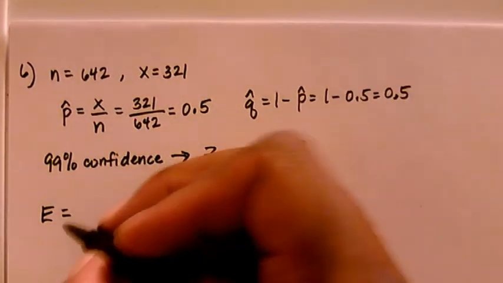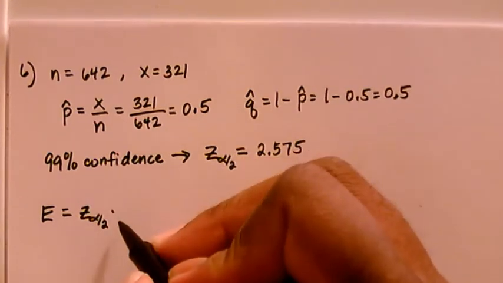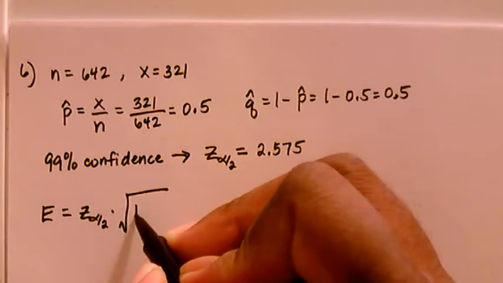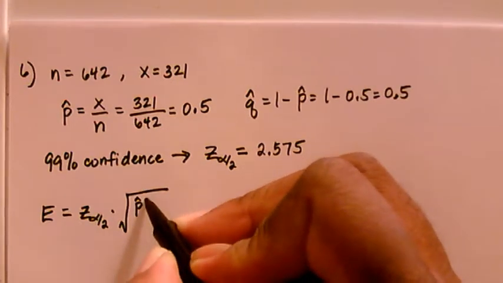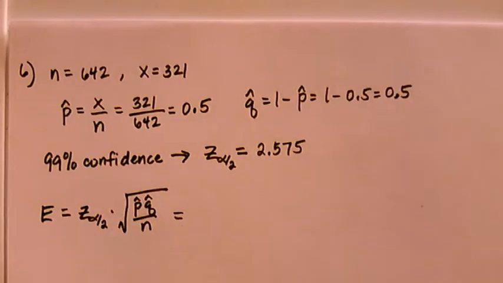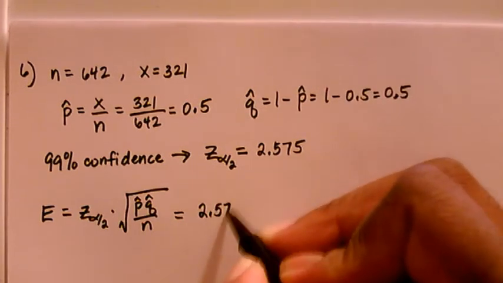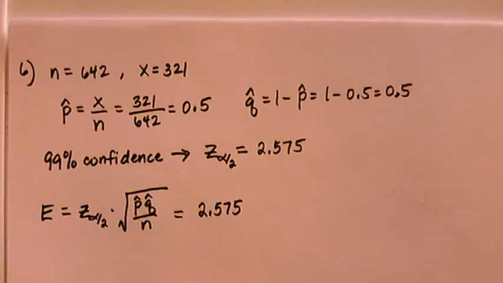Now the margin of error has a formula, which is Z of alpha over 2 multiplied by the square root of P hat times Q hat divided by N. And we just substitute those values here. That's Z of alpha over 2, which is our critical value for a 99% confidence level. That's 2.575.